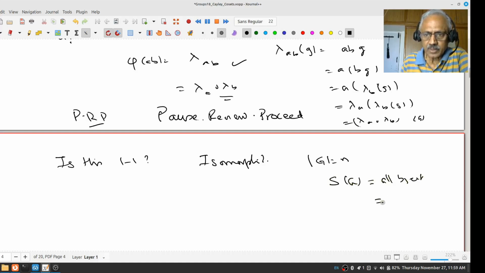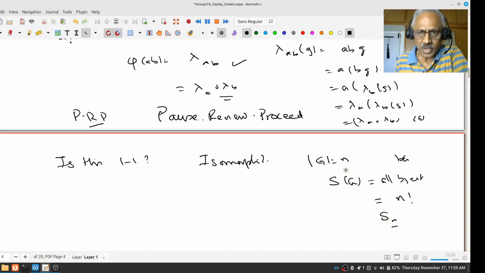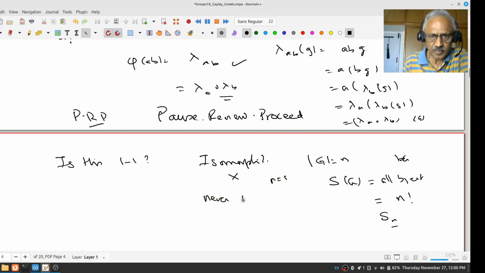That will be n factorial, because it is like S_n. There are n elements, therefore it's all permutations of n elements. So that is n factorial, which is very large. Therefore, unless n equal to 1, it's never isomorphic. Do you understand this?